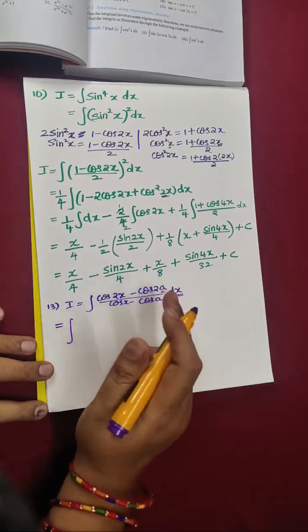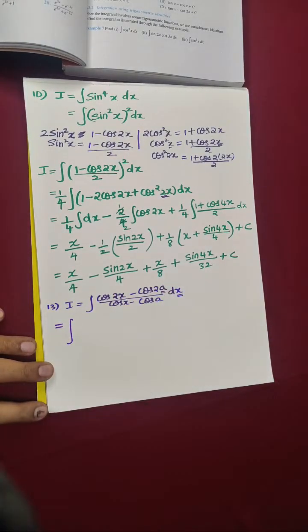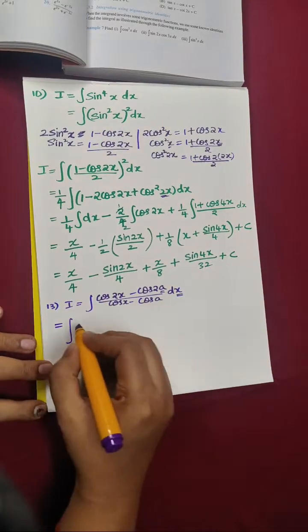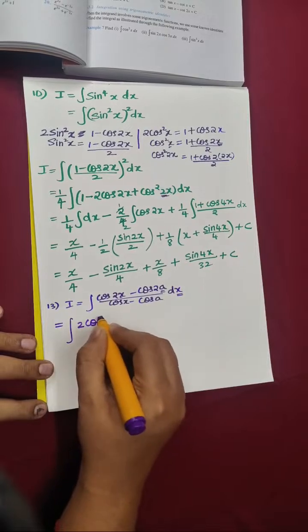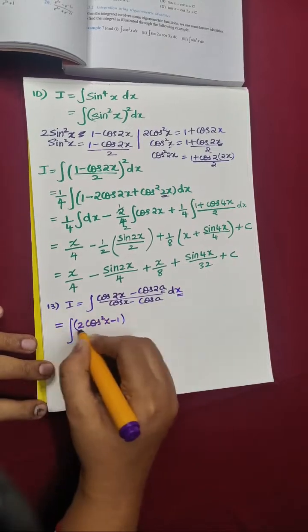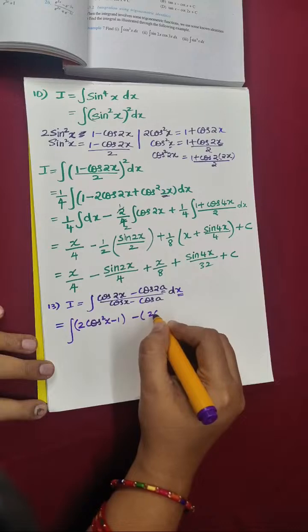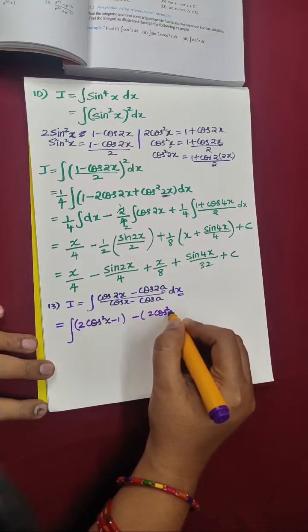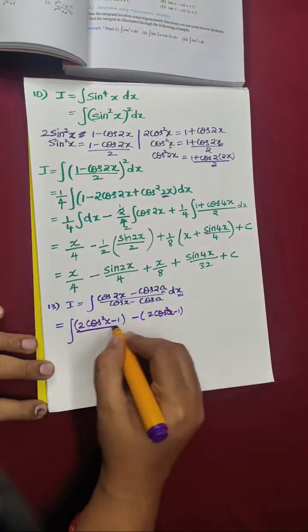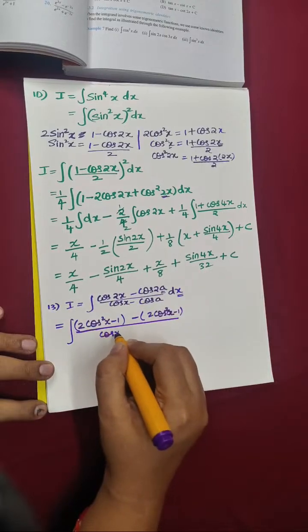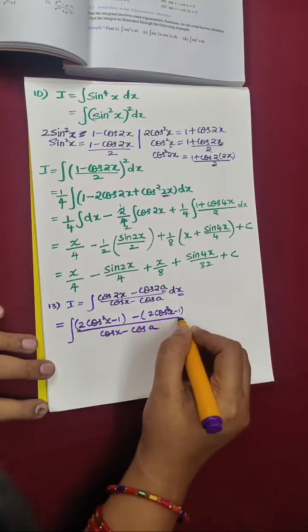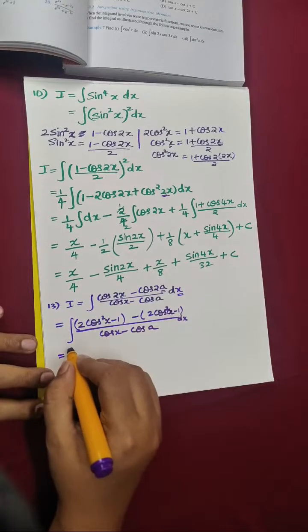Since everything is in terms of x, what we do is, we will replace this cos 2x as 2 cos square x minus 1, minus of cos 2a as 2 cos square a minus 1, by cos x minus cos a. So now remove the brackets.